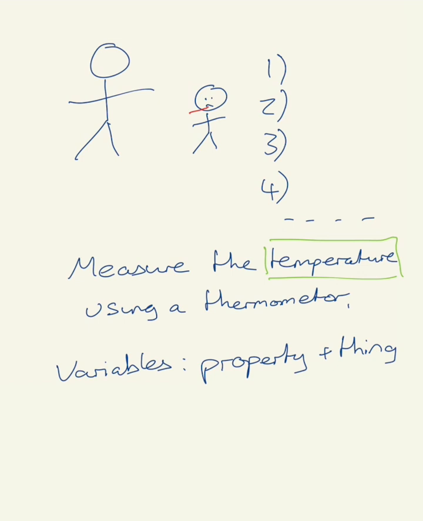So instead of measuring the temperature, measure the temperature of the wire, measure the length of the wire, measure the cross-sectional area of the wire, measure or test the material of the wire. So get your detail in there, make sure that your variables are clear, because if you've got clear variables, then you're going to be able to write a clear aim, and you'll write a clear plan. You can write a clear results table.